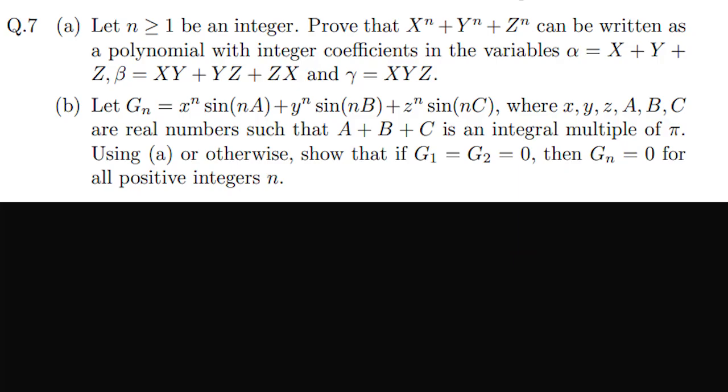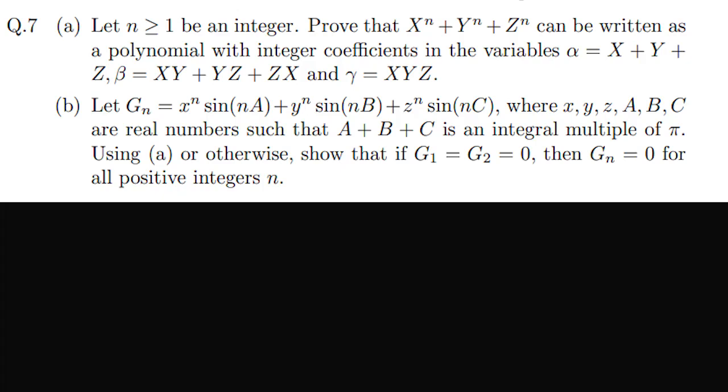Now in question number 7, it says let n greater than or equal to 1 be an integer. We need to prove that x to the power n plus y to the power n plus z to the power n can be written as a polynomial with integer coefficients in the variables alpha, beta and gamma, where alpha is x plus y plus z, beta is xy plus yz plus zx, and gamma is xyz.